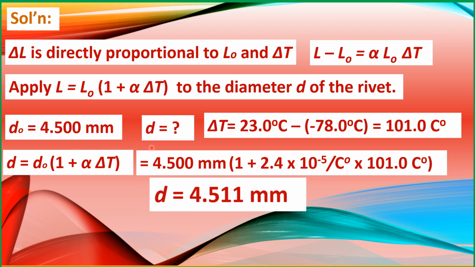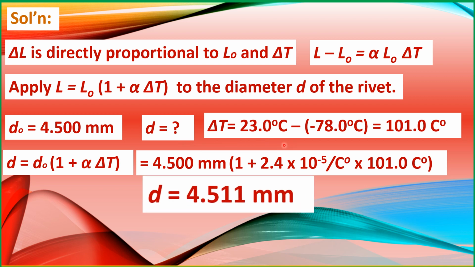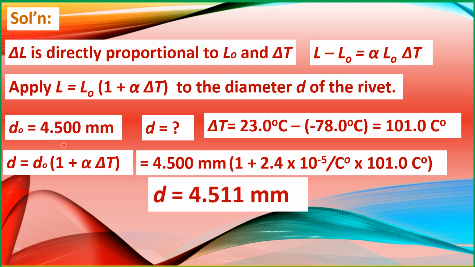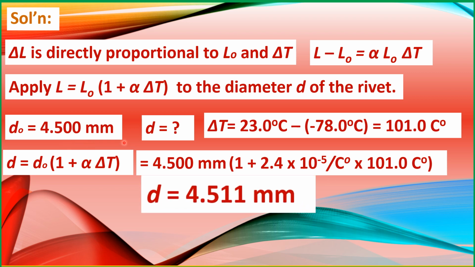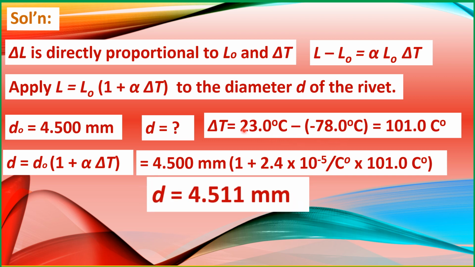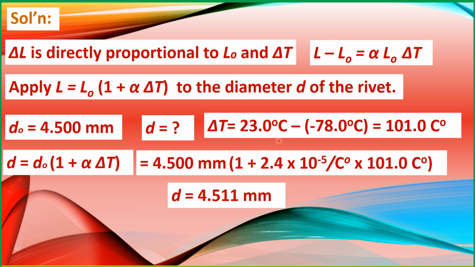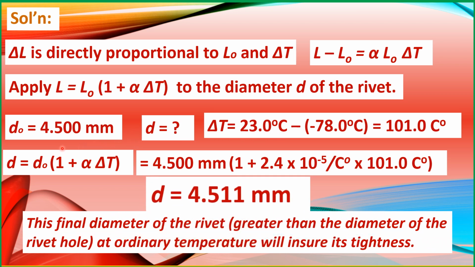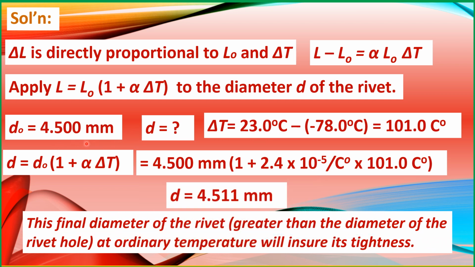Our solution is just one of two possible options that you can take. You may also let the initial temperature be 23.0 degrees Celsius instead of what I chose, which is negative 78. So if you choose the initial temperature being 23.0, your initial diameter is what you're going to determine.